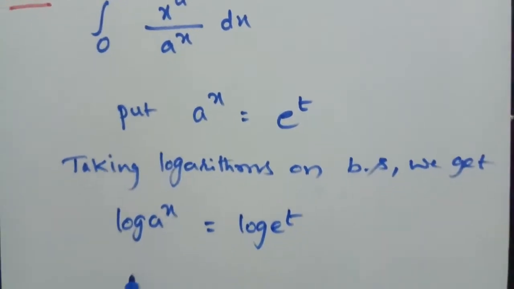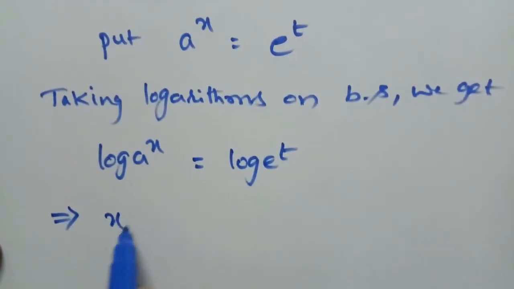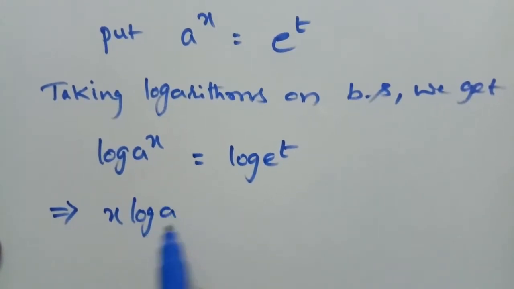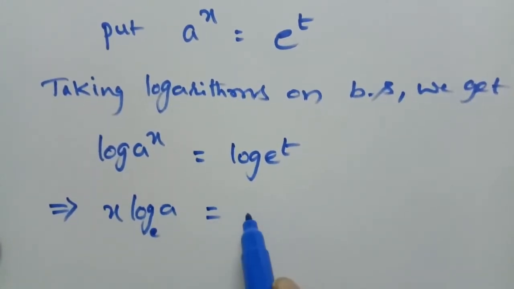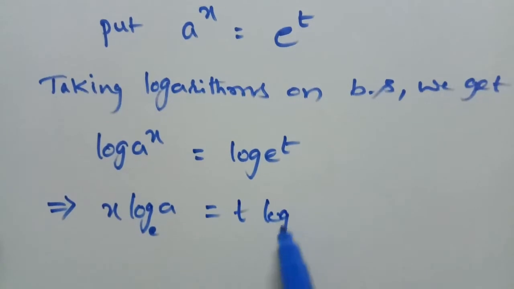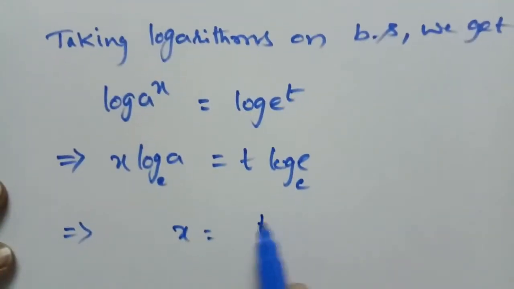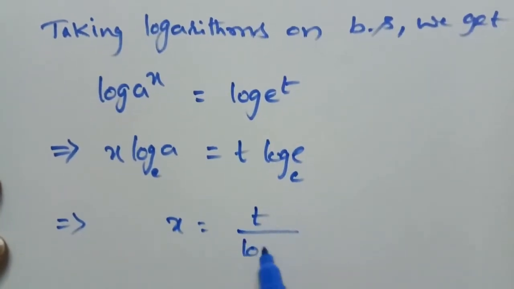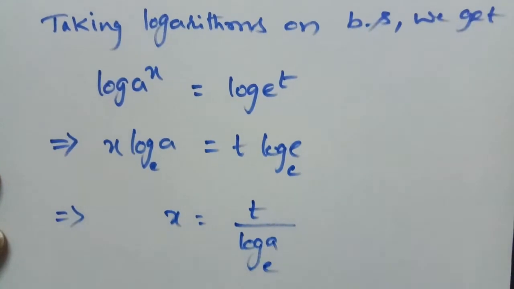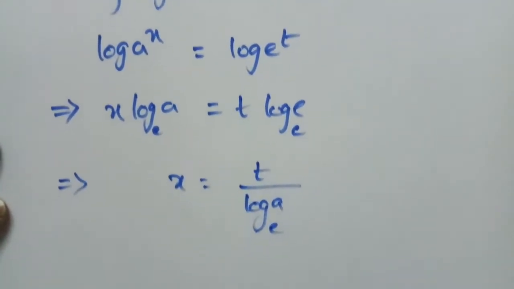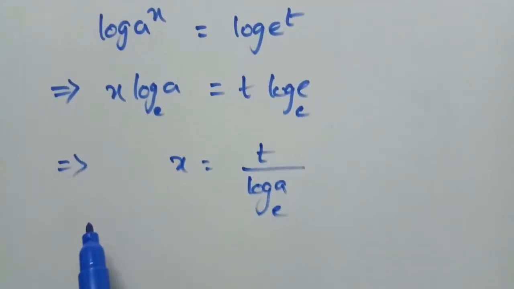Therefore this can be written as x log a base e is equal to t log e base e. Therefore x is equal to t by log a base e.